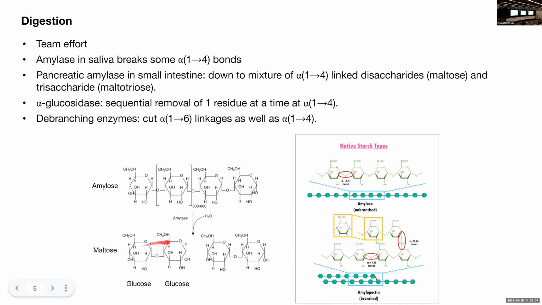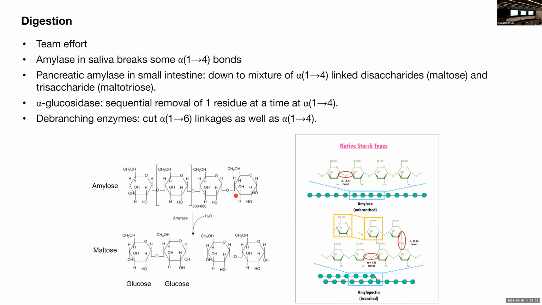which is called maltose. And another important enzyme is alpha glucosidase. It sequentially removes one residue at a time at the alpha 1 to 4 linkages, so it's going to make it into single glucose.